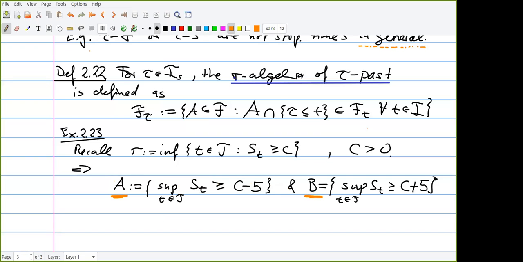So may I get some guesses from your side? Is A or B in the sigma algebra F tau? Just write A or B, what you think, in the group chat.